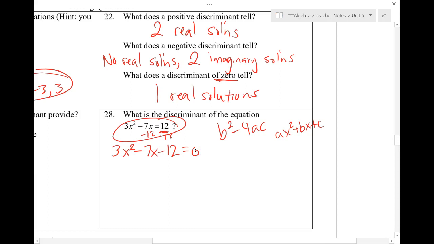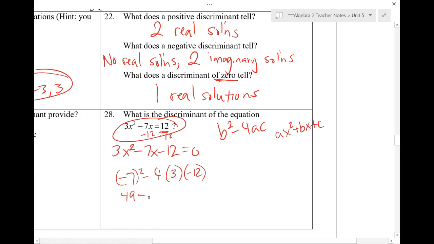Now I can take the discriminant. And you see how that changes things, because now it's no longer positive 12, it's actually negative 12 that I have to plug in. So now you're just going to plug in those values. So the b is negative 7, and I'm going to square that. Then minus 4 times the a value times the c value. Then multiply everything out. Negative 7 squared is 49.